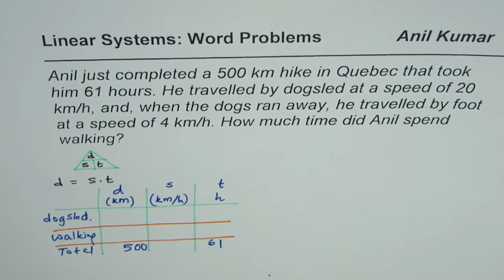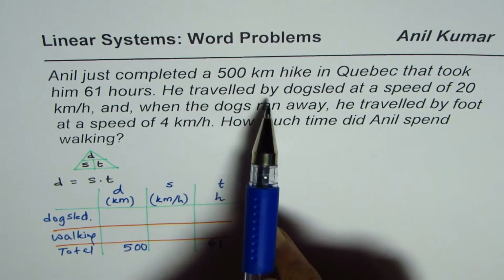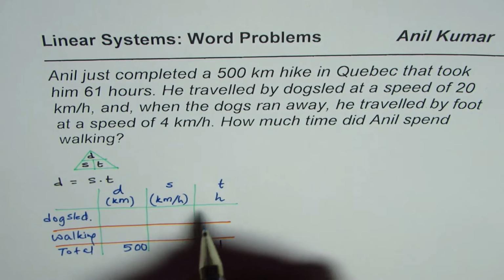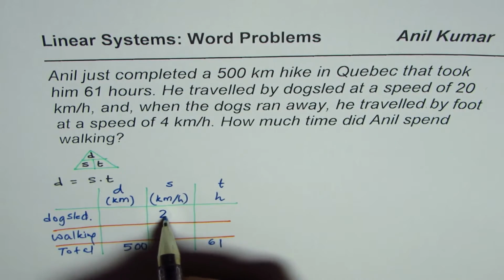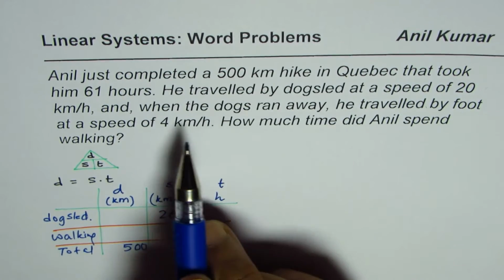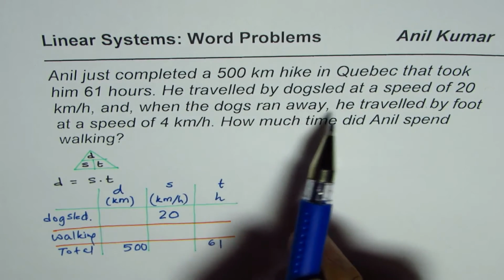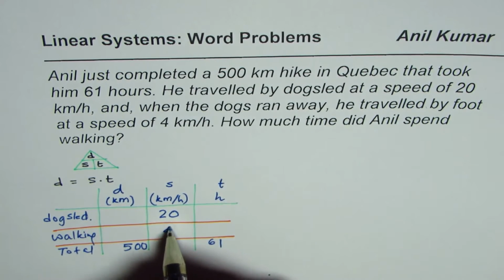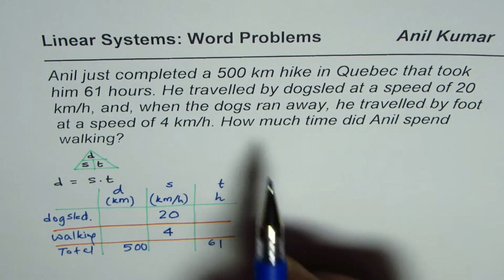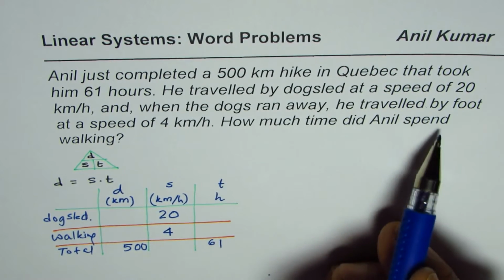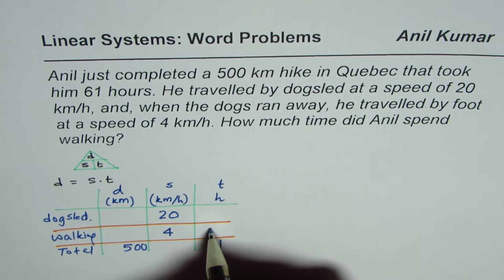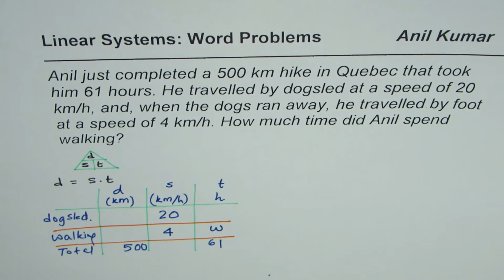He traveled by dog sled at a speed of 20 kilometers per hour. When the dogs ran away, he traveled by foot at a speed of 4 kilometers per hour. How much time did Anil spend walking? We need to find this walking time. Let me call this W.